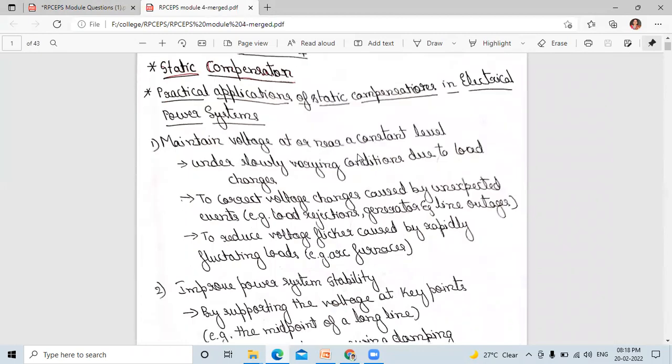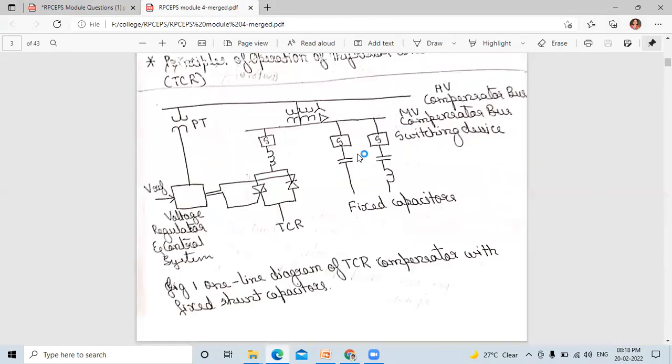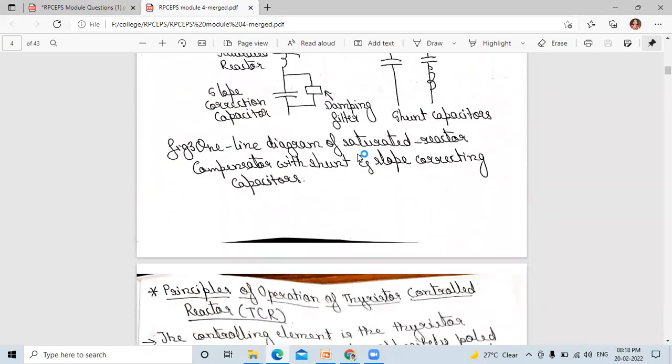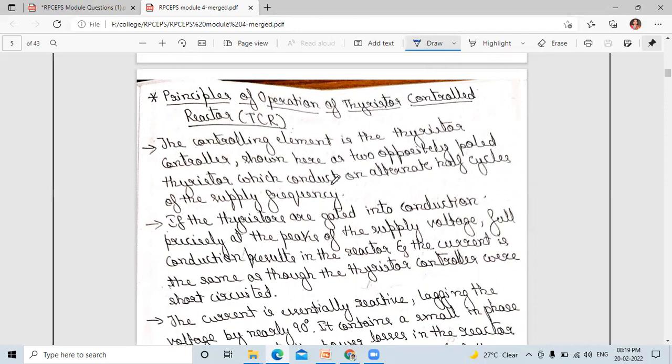So, the first question is regarding TCR. From here it will start. Many students are writing from the starting introduction. No, that is not needed. From here it will start: principle of operation of thyristor controlled reactor.